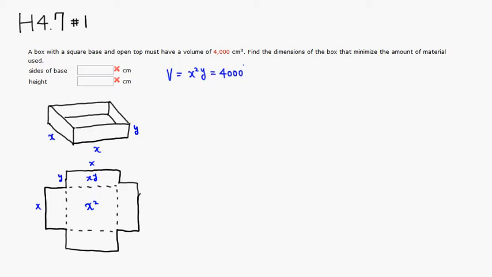Then the area we want to minimize, A, is going to be the bottom piece x squared, and you have 4 side pieces, so 4 times xy.